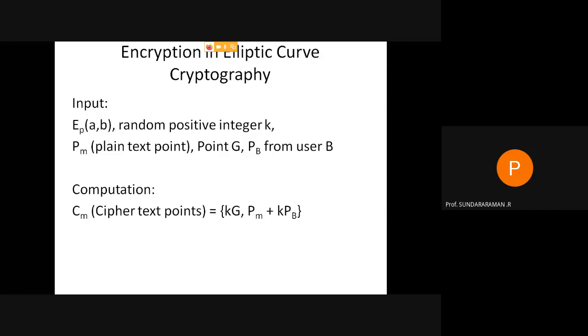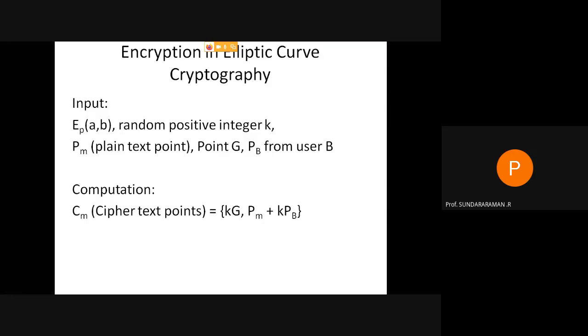Pb is the public key of user B, which he is going to share with user A. So how do we calculate Pb? Pb equals nB into G, right?